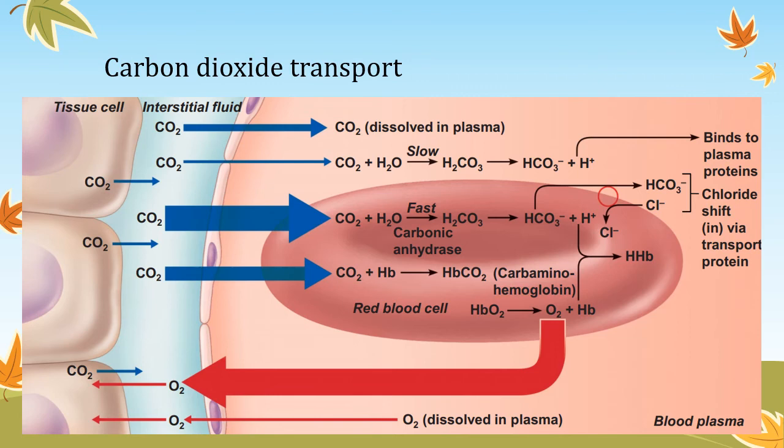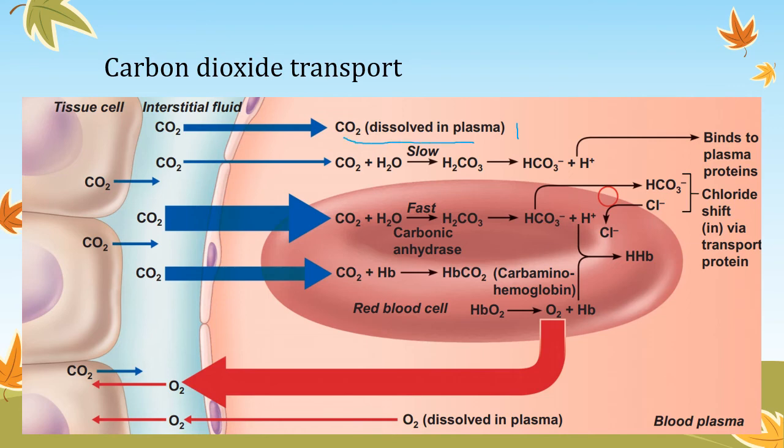Now let's look at carbon dioxide transport. It is also transported through the plasma. It also dissolves in plasma. So I've shown here, this is the first one, dissolved in plasma.